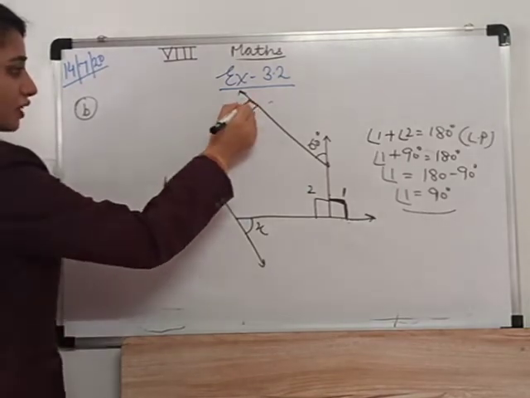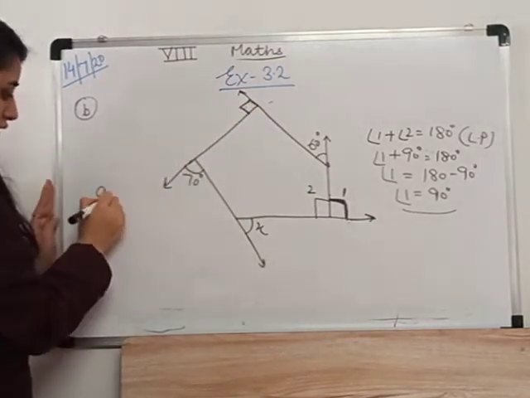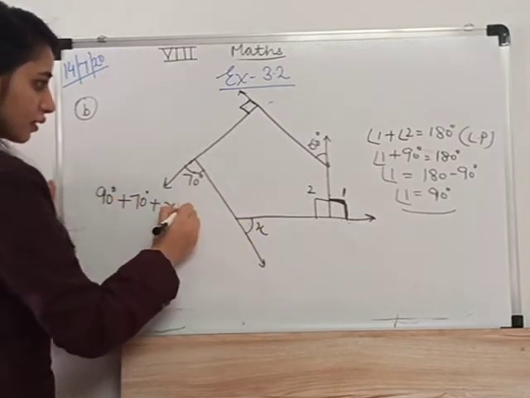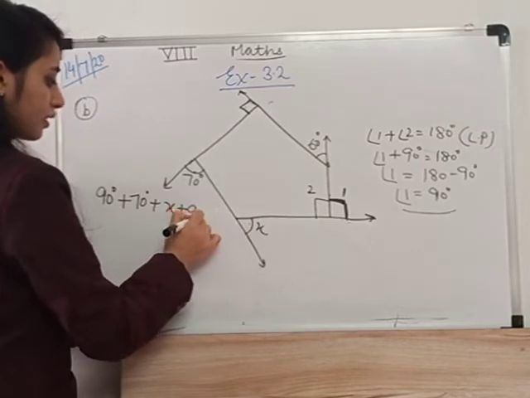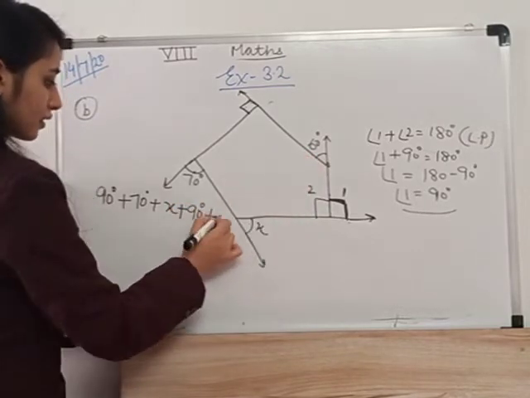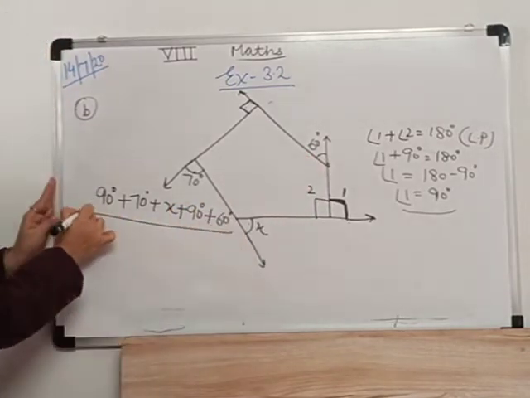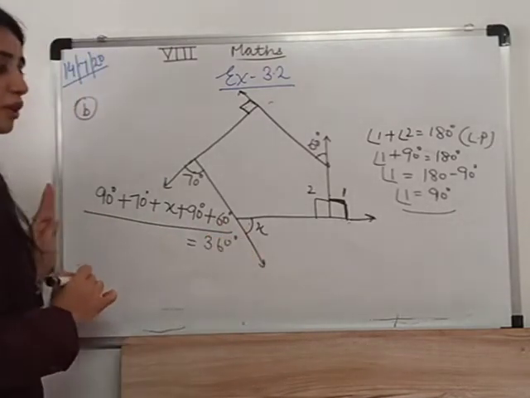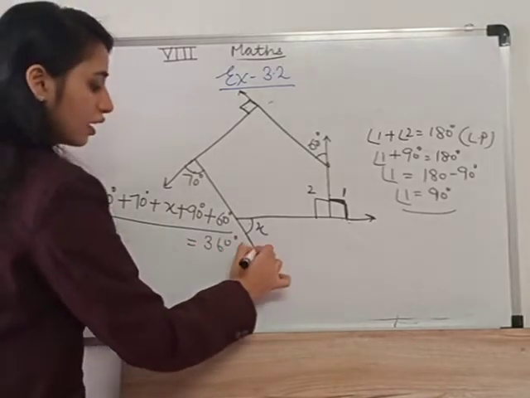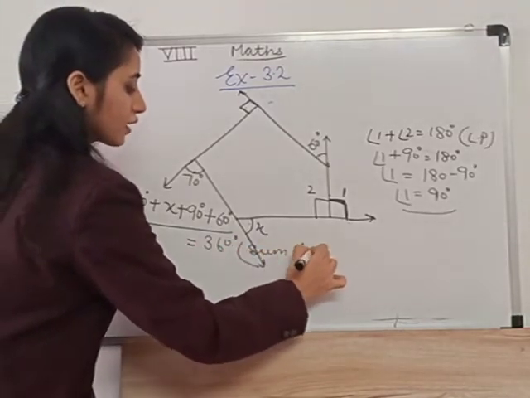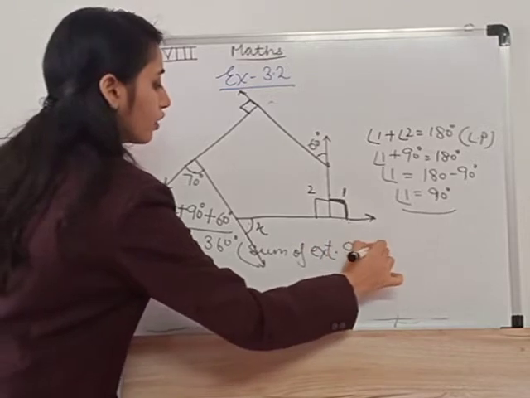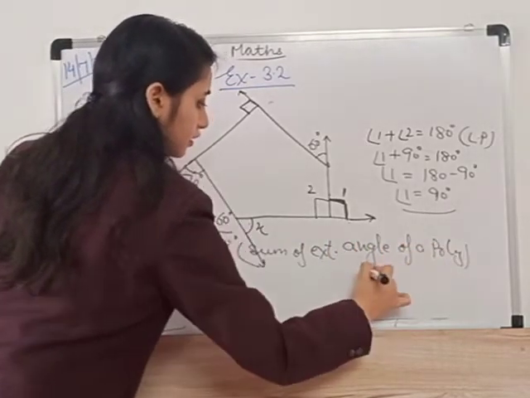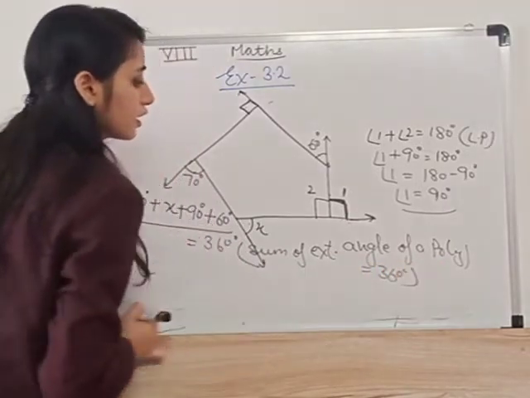The sum of these exterior angles, 90, 70 plus angle X plus angle 1, that is 90, plus 60. The sum of all these angles is equal to 360 degrees because the sum of exterior angles of a polygon is equal to 360 degrees.